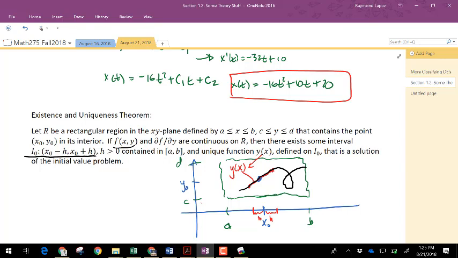Okay, and what they're saying here is that if you have a differential equation and some initial conditions, then one, you're guaranteed that you're going to get a solution. That's the existence part. And two, that's going to be the only solution. And that's the uniqueness part.